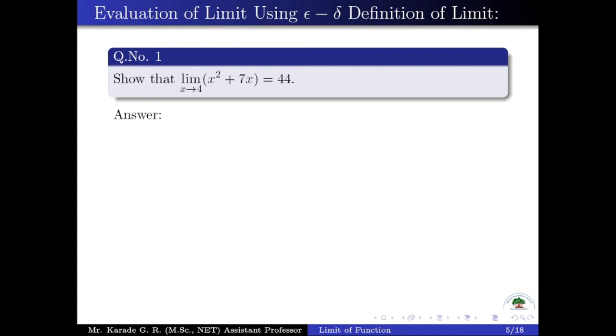By using the epsilon delta definition, we will prove that the limit of this function is 44 as x tends to 4.